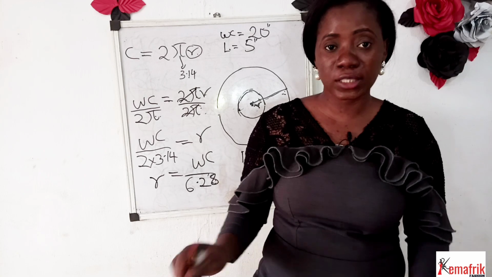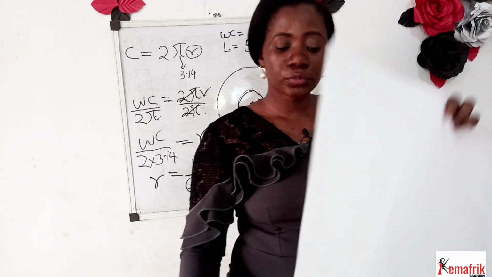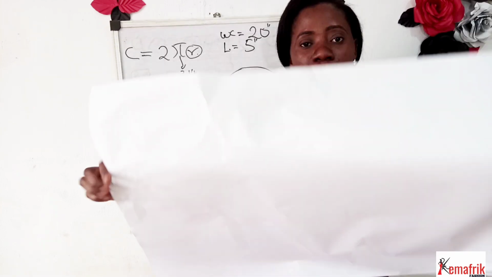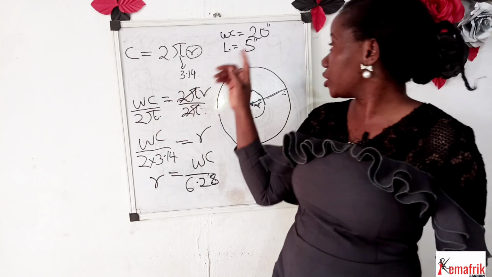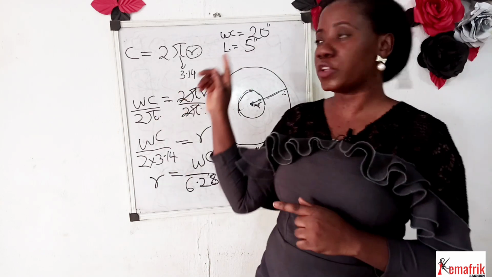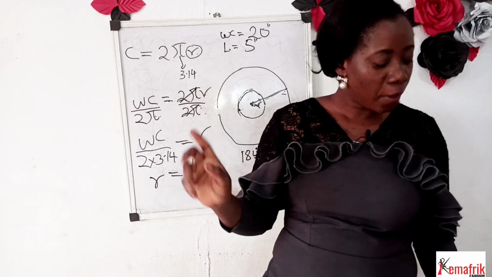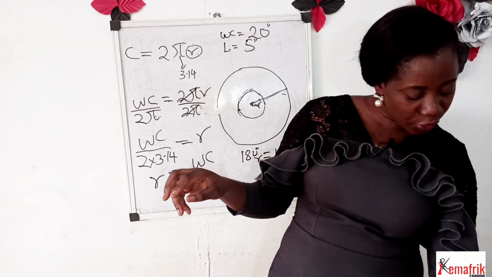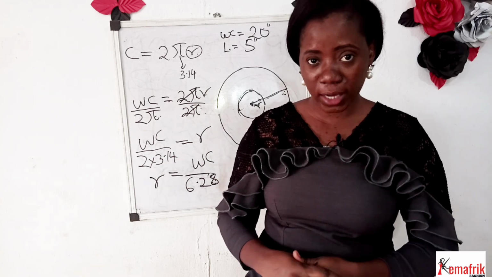So right now let's get into making a full circle flare. So I have this paper and I said we'll be working with a waist circumference of 20 inches. So the first thing I'll be doing is to divide the waist circumference by 6.28. That I've already done and I got 3.18.